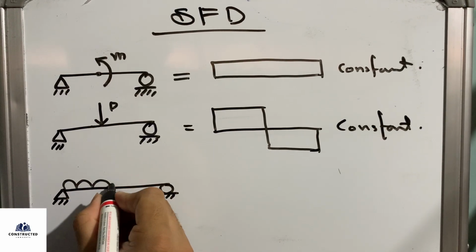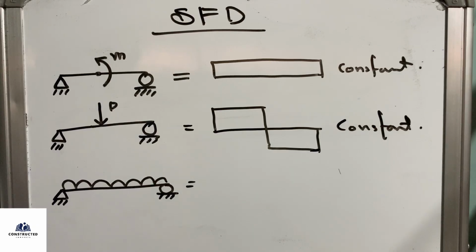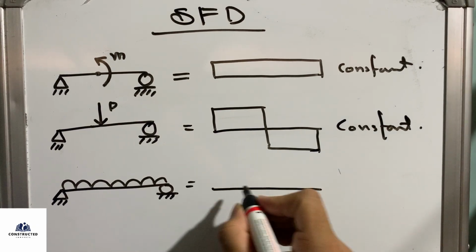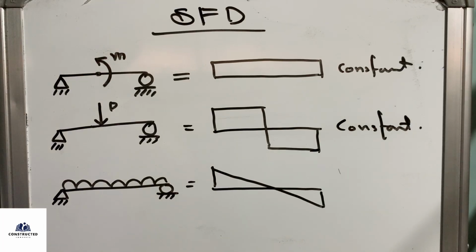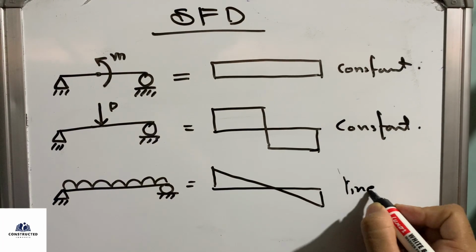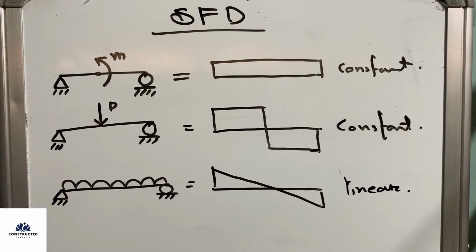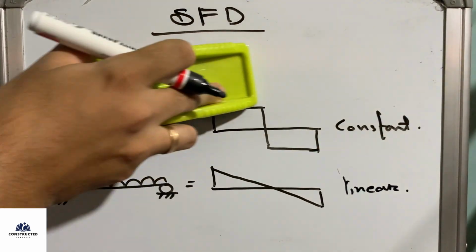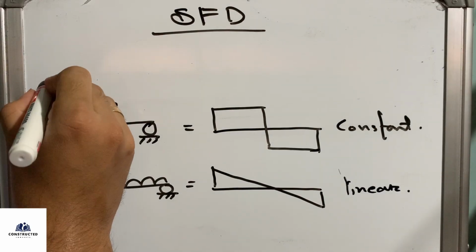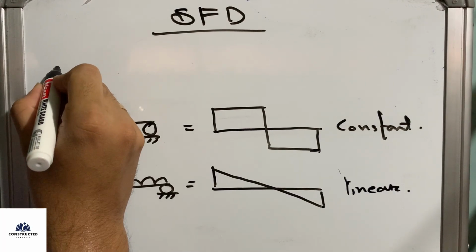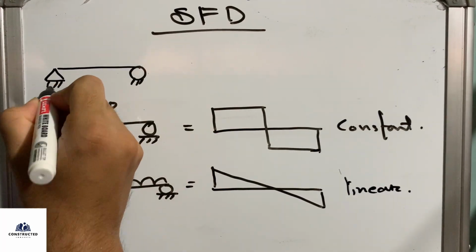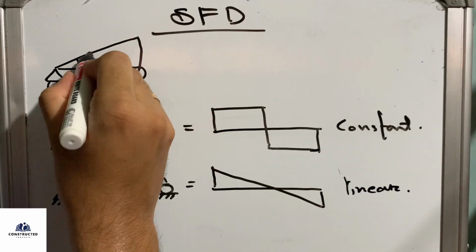The next one is simply supported beam with UDL, uniformly distributed load. It is linear. Now the next one is a simply supported beam with uniformly varying load.